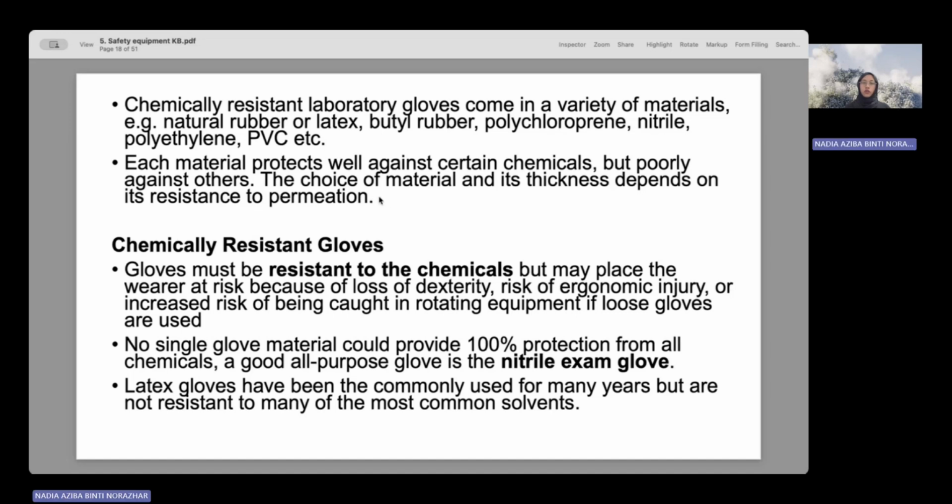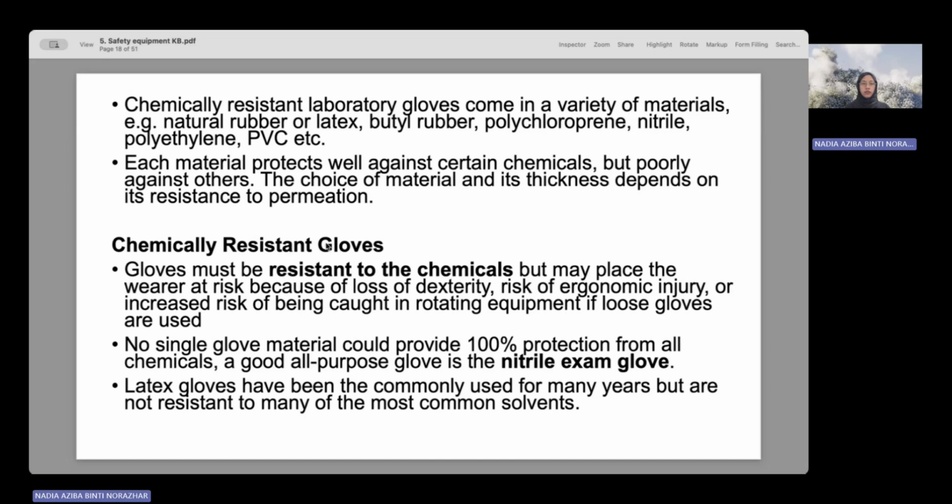So the choice of material and its thickness depends on its resistance to permeation. That is why we need to always refer to our SDS to really determine what type of glove from this list that we should wear.